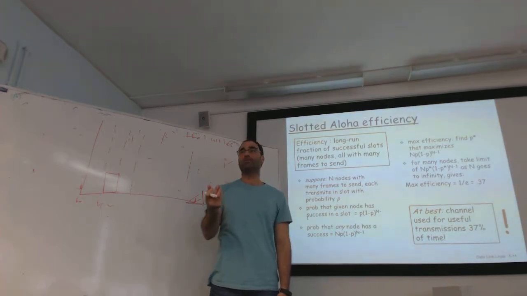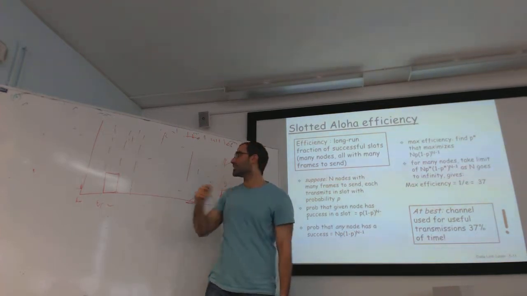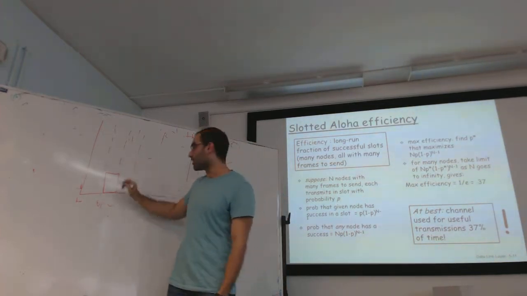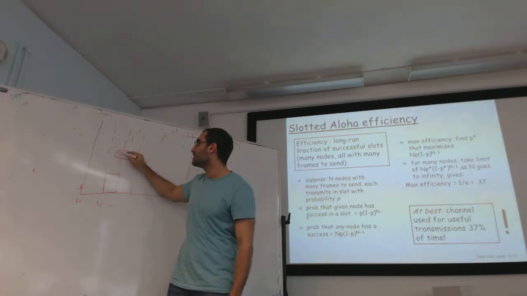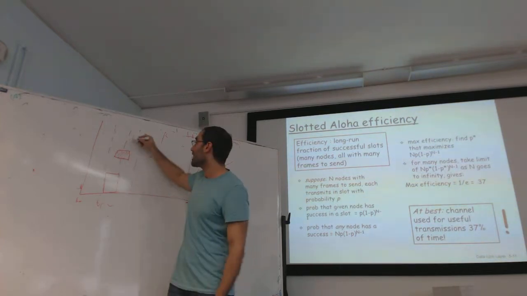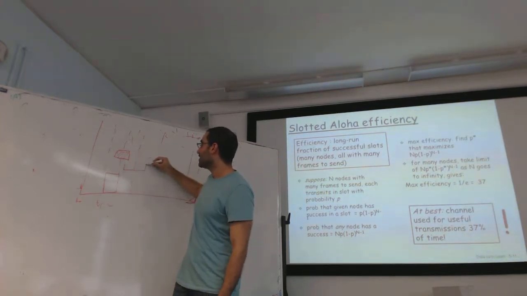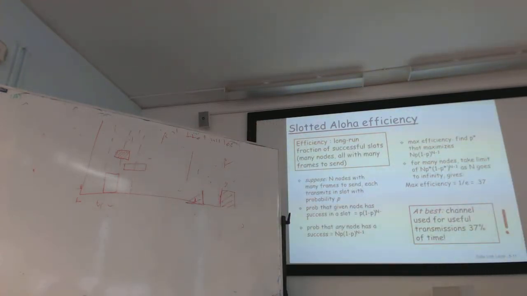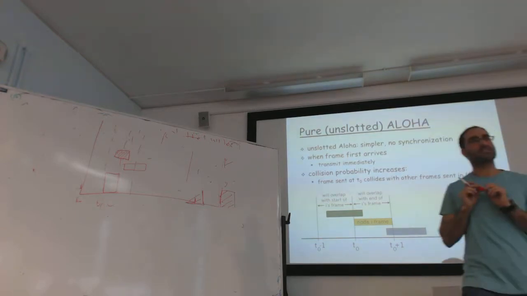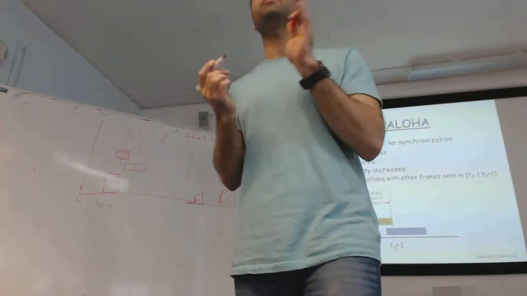The pure Aloha one doesn't follow that rule. It can send whenever it wants. So in other words, a node here sends a packet and it goes over into the other time slot. So you're sending it in the middle rather than the beginning. So you might have a frame starting this way, ending this way. So it will be trickier in a sense because you're sending anytime you want, not at the beginning.